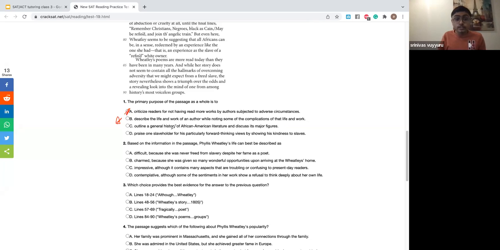Outline a history of African American literature and discuss its major figures. This is obviously incorrect because it only talks about one of them. Praise one slaveholder for his particularly forward thinking by showing his kindness to slaves. This is also wrong because it only says he was kind to one person, that was Wheatley, and that was because she was talented. So you can take this out, and this is our answer, B.